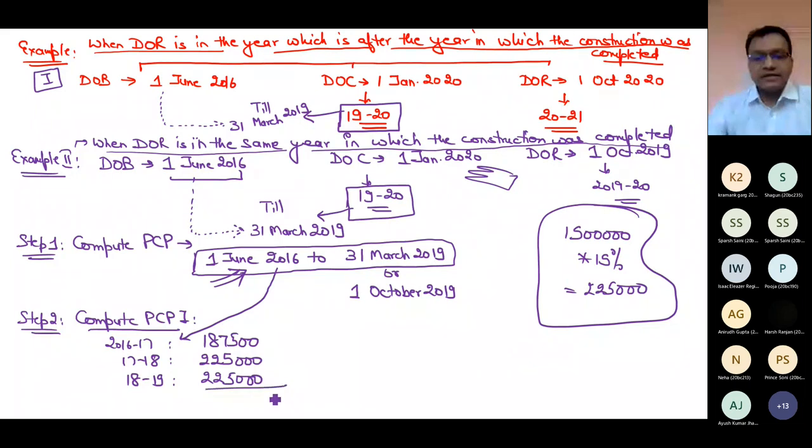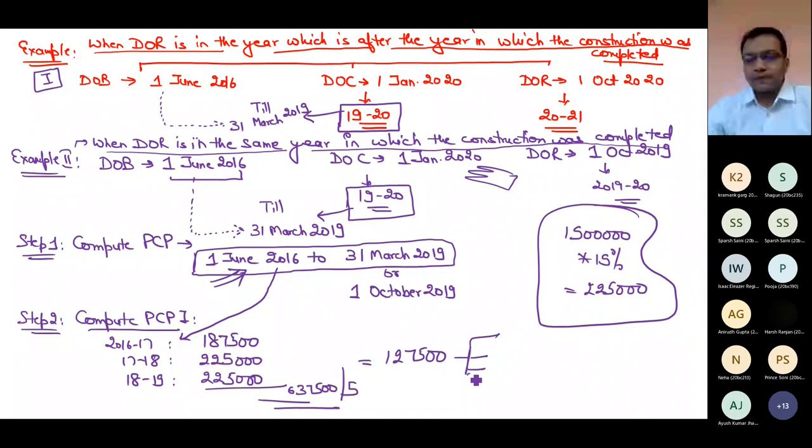This is the second step. Do the total. How much is this total? 637,500, and then I will divide by 5. So each installment will be 127,500, which is deductible in 5 installments or 5 years.